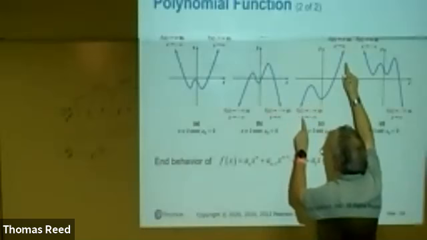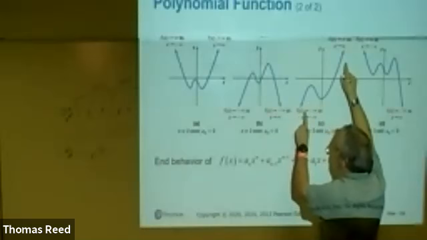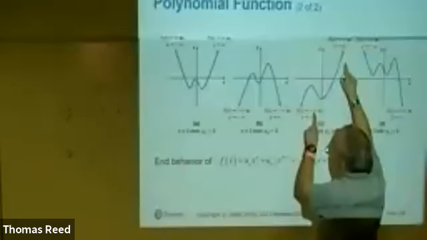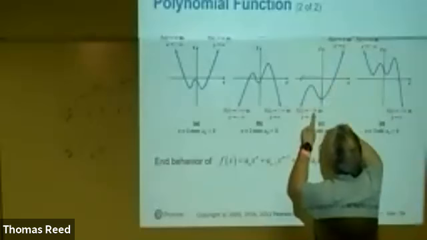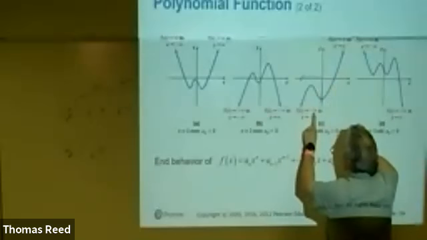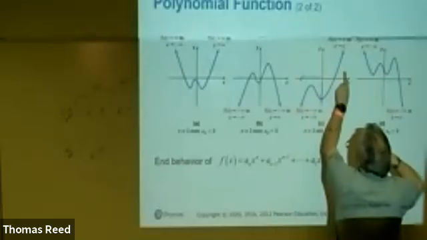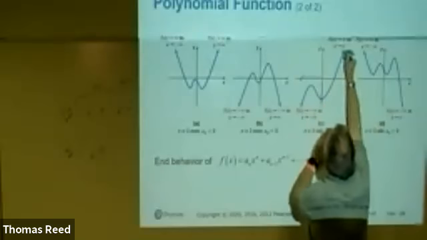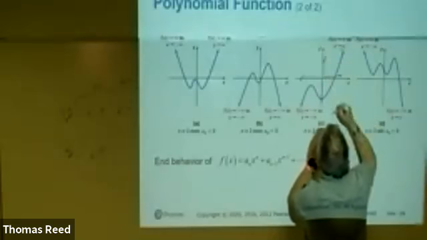As x goes negative, y goes negative. As x goes to negative infinity, y goes to negative infinity. So as x goes to the left, y goes down. And over here, as x goes positive, y goes positive.